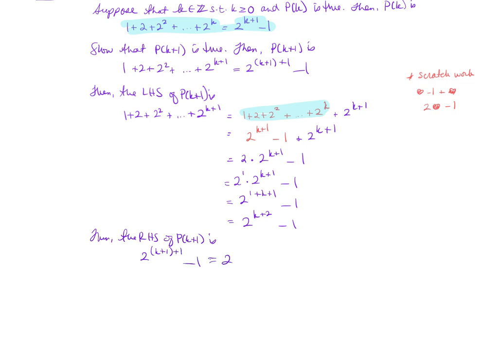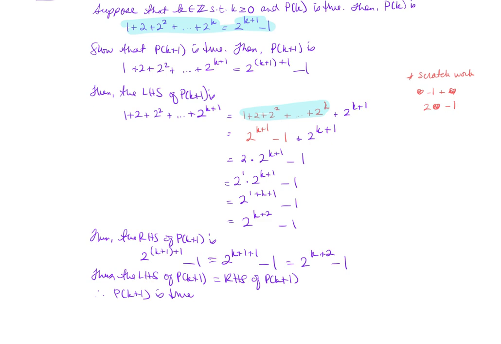So we get 2 to the k plus 1 minus 1, which is 2 to the k plus 2 minus 1. We got to the same expression. So we would say, thus, the left-hand side of p of k plus 1 equals the right-hand side of p of k plus 1, and therefore p of k plus 1 is true.